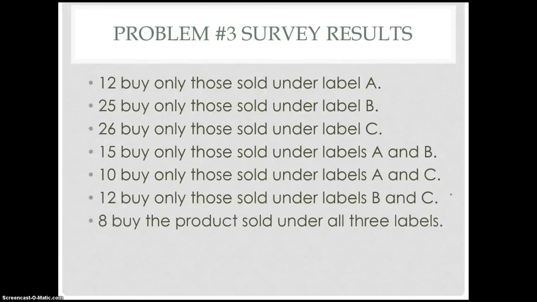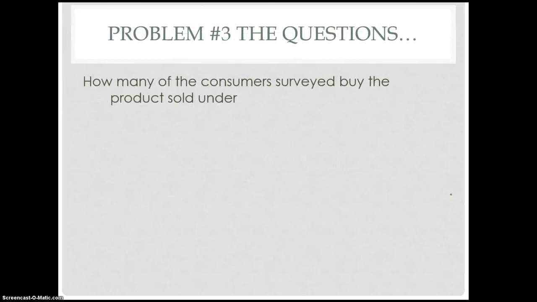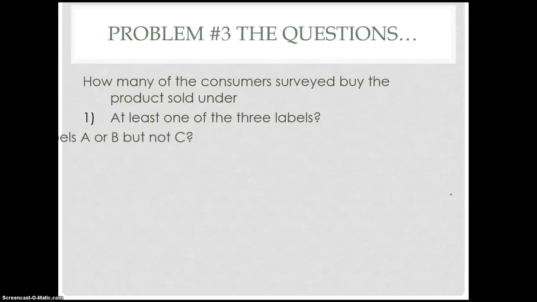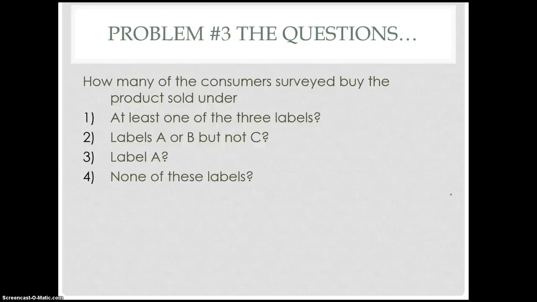So we've got 12 at A and 25 on down the line. Pause that. So now here's the question. How many are sold under at least one of the 3 labels? How about label A or B but not C? How about label A? How about none of them?